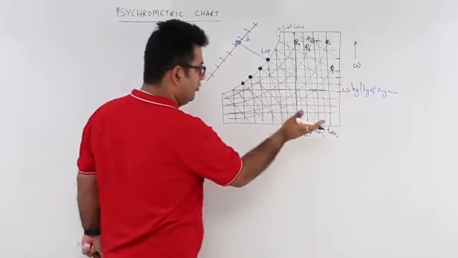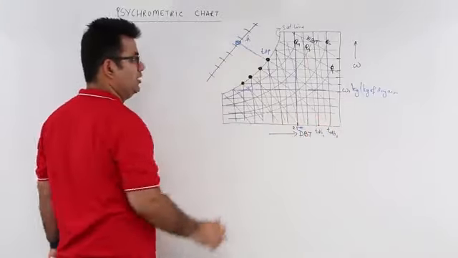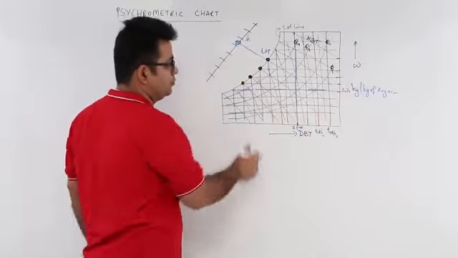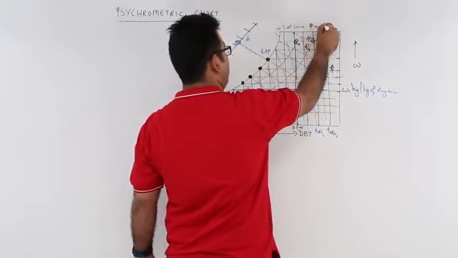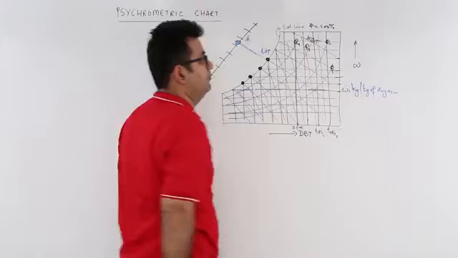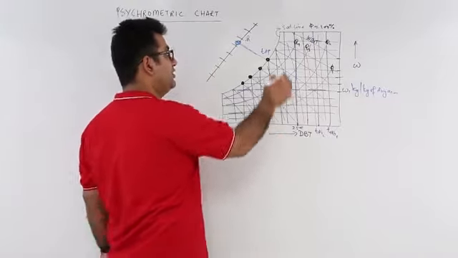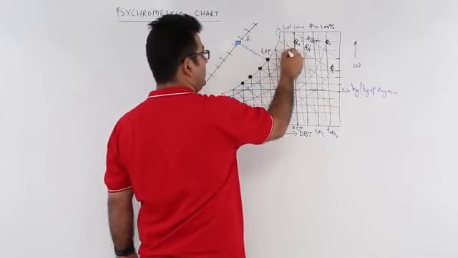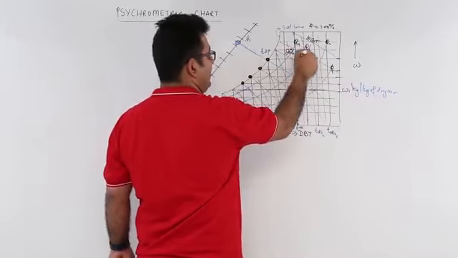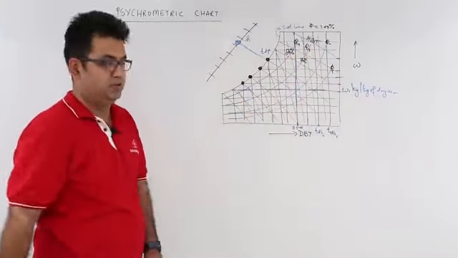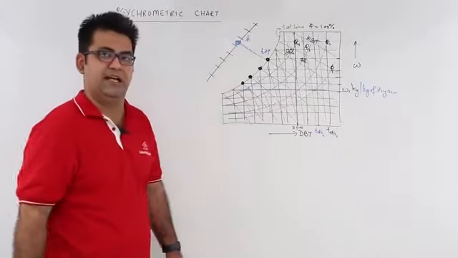As you go towards the saturation line side, your RH keeps on increasing and this saturation line has a phi of 100%. So if this is 100% RH, this would be somewhere about 80% RH, this would be 70% RH and so on. It keeps decreasing towards that side.